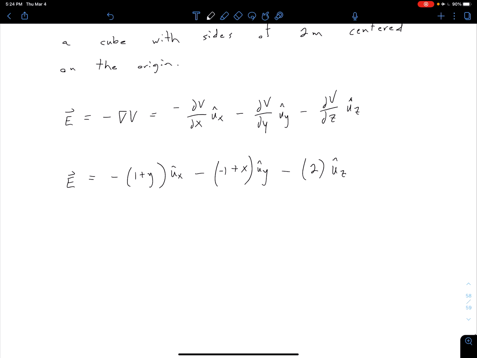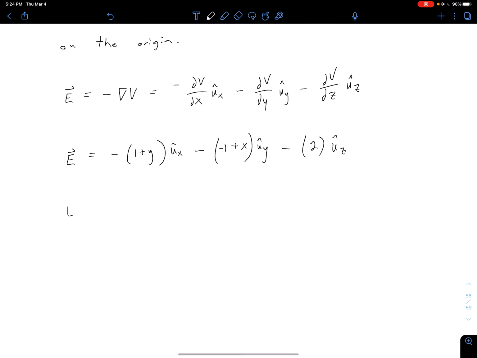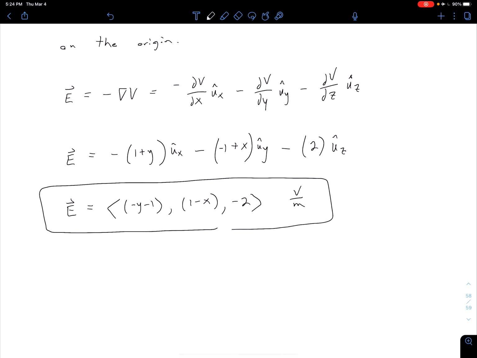So we can write that as E, and let me use angle brackets to make this simpler. Here we have negative y minus 1 in our x direction, 1 minus x in our y direction, and a negative 2 in our z direction, and the units of that are volts per meter.